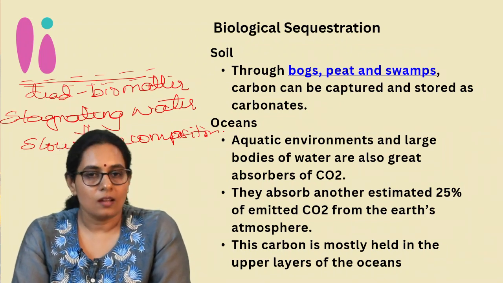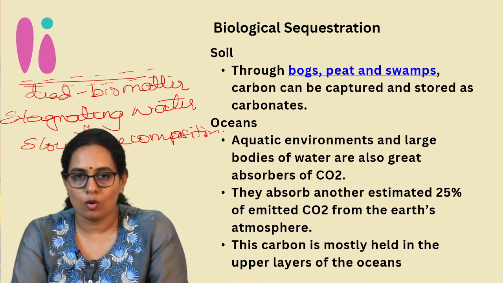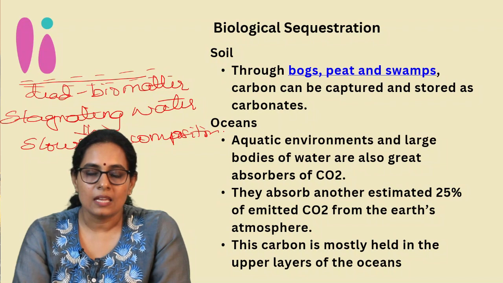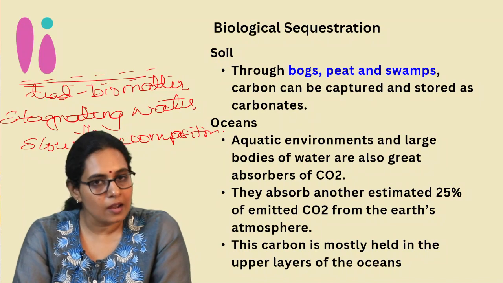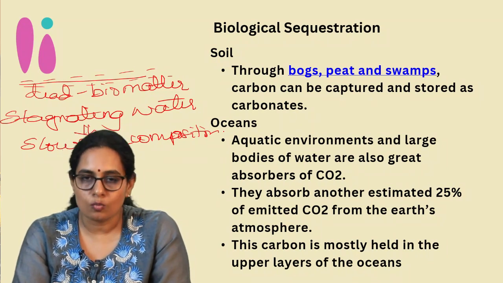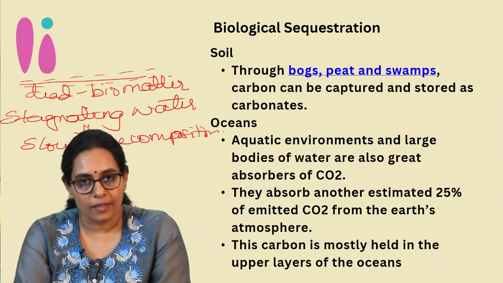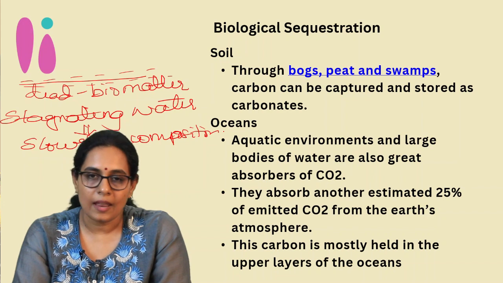So incomplete or slow decomposition of dead matter creates fossil fuels in the soil. This method efficiently helps in reducing the amount of carbon in the atmosphere by not releasing carbon after the death of a plant or animal.